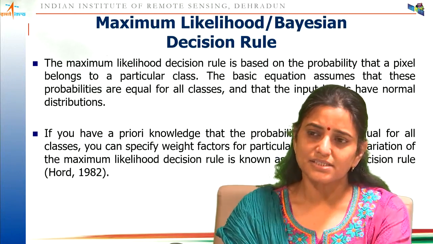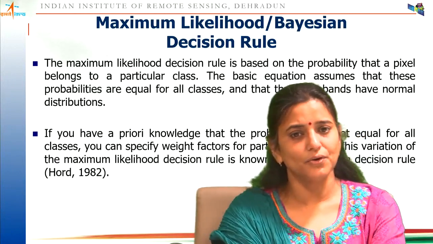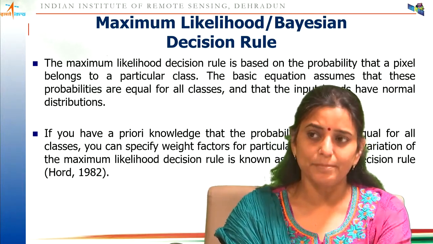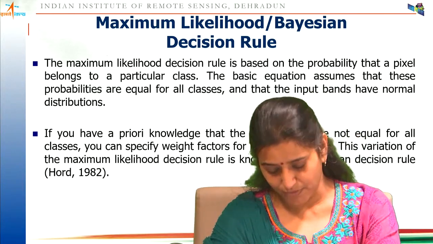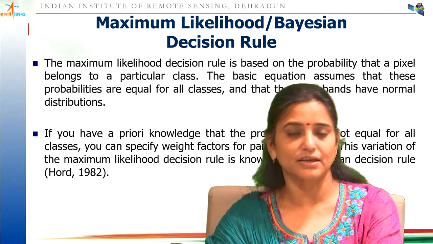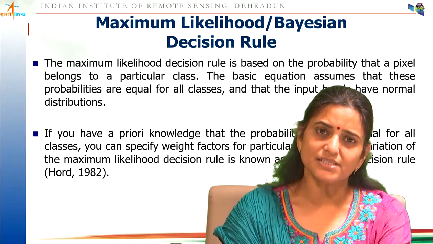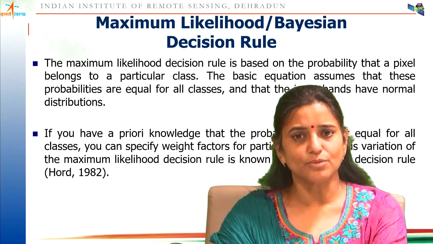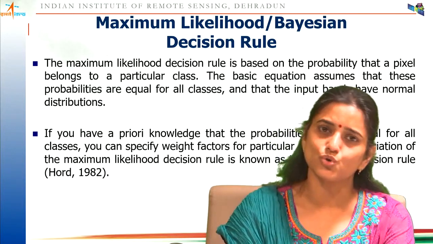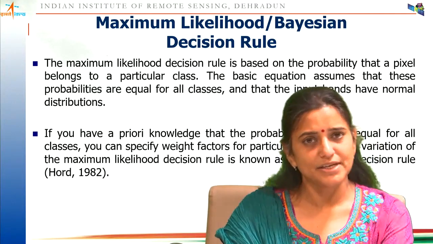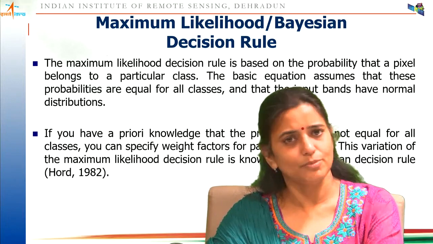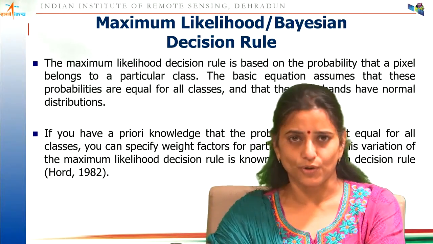The next algorithm is maximum likelihood or Bayes decision rule. Now, maximum likelihood, we mostly call it maximum likelihood classifier, MLC. So MLC is a rule which is probability based, and it finds out the probability that a pixel belongs to a particular class. The basic equation that we use in MLC assumes that the probabilities are equal for all the classes.